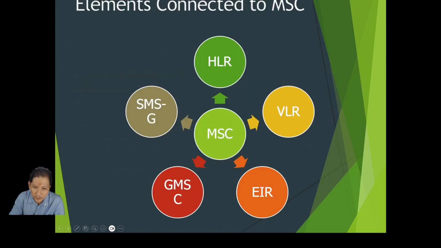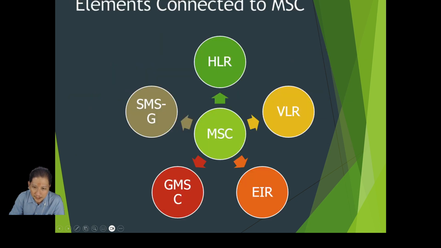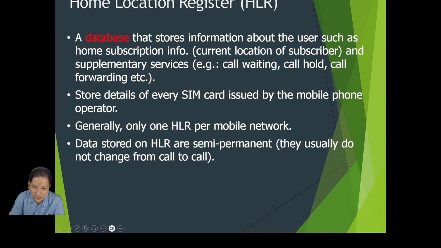Then we have HLR, VLR, EIR, GMSC, SMSC and MSC. HLR is the home location register. Basically it is a database that holds all the details of subscribers. For example, if you want to subscribe to Maxis, you need to show and provide your identification card or IC.